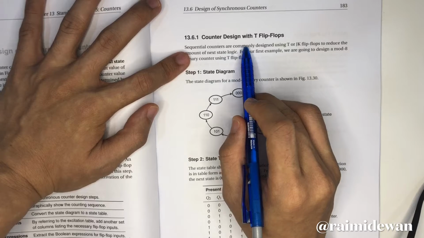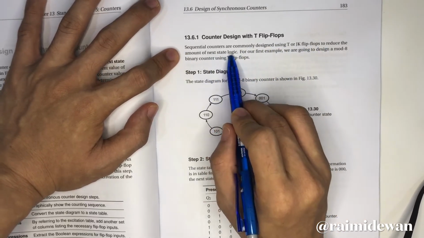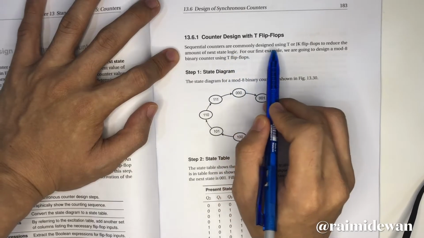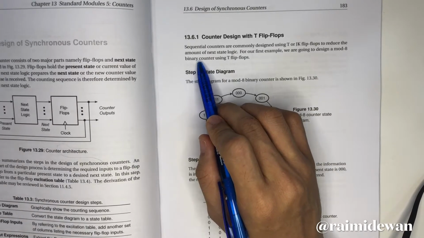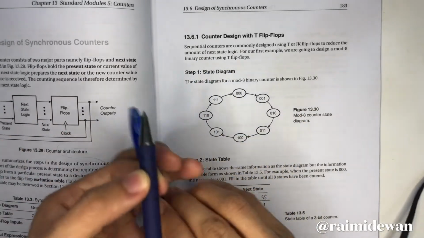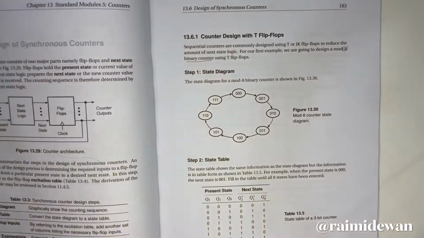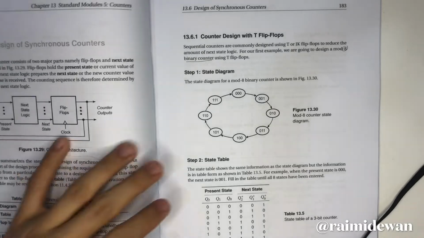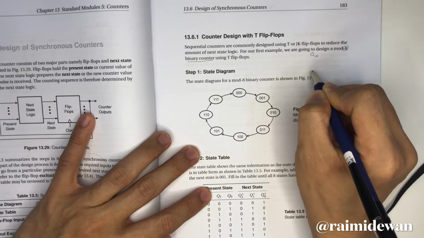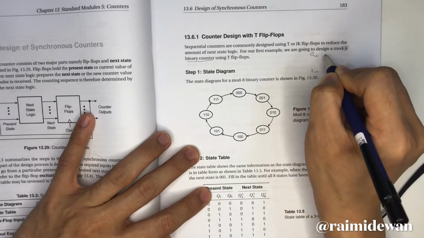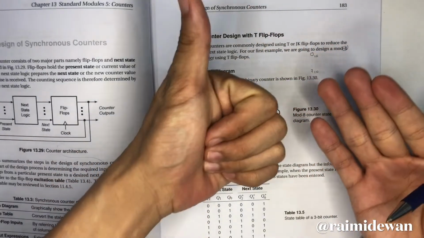Sequential counters are commonly designed using T or JK flip-flops to reduce the amount of next state logic. For our first example, we are going to design a mod 8 binary counter, so it's a binary counter using T flip-flops. It means it is from 0 until 7, because 0, 1, 2, 3, 4, 5, 6, 7.